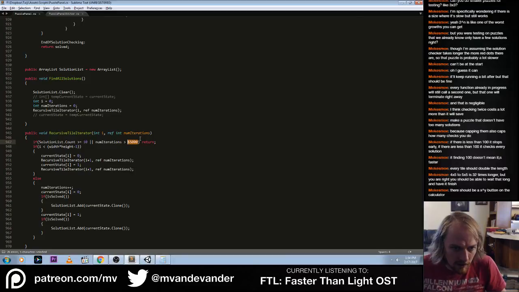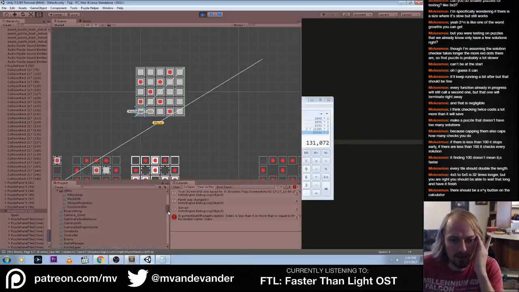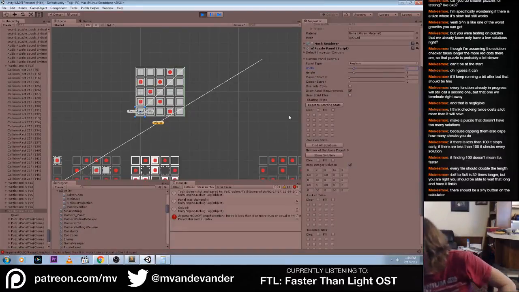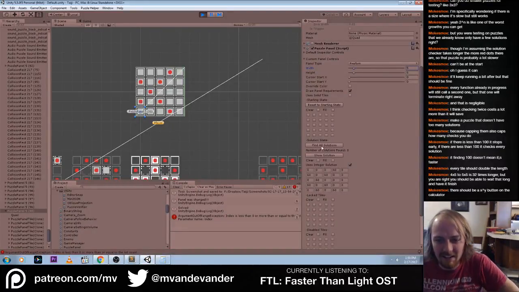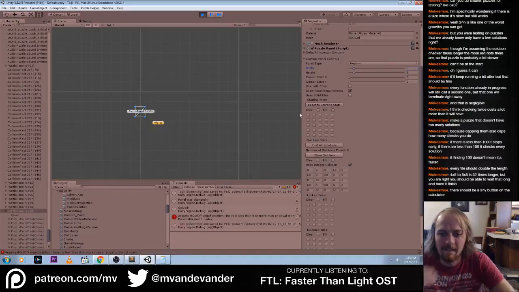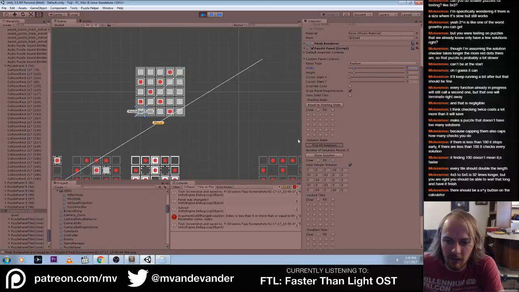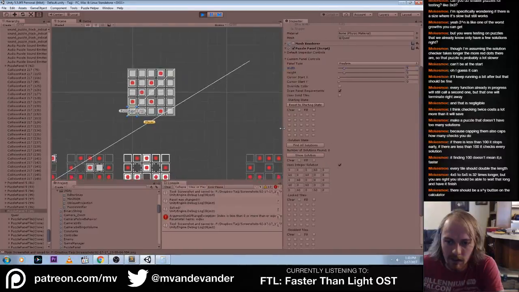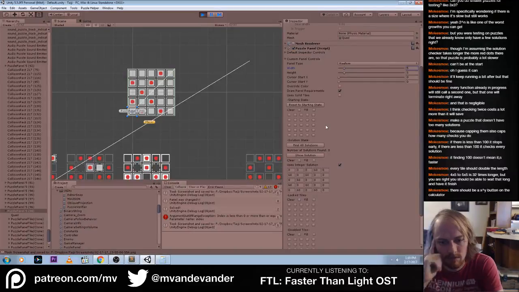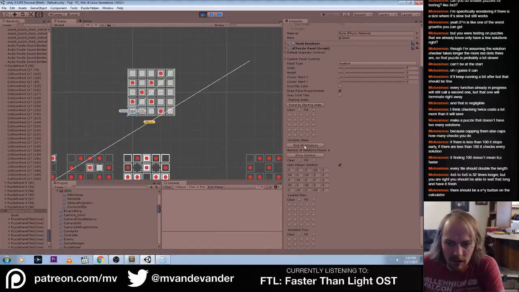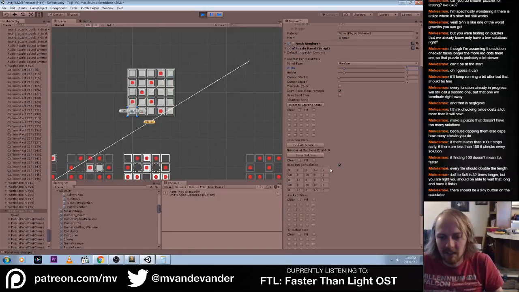So let's try it at like 200,000 iterations. I just want to see how many iterations it can stand to do before it totally craps the bed. Okay, it can stand to do that many. It was like 4 seconds.